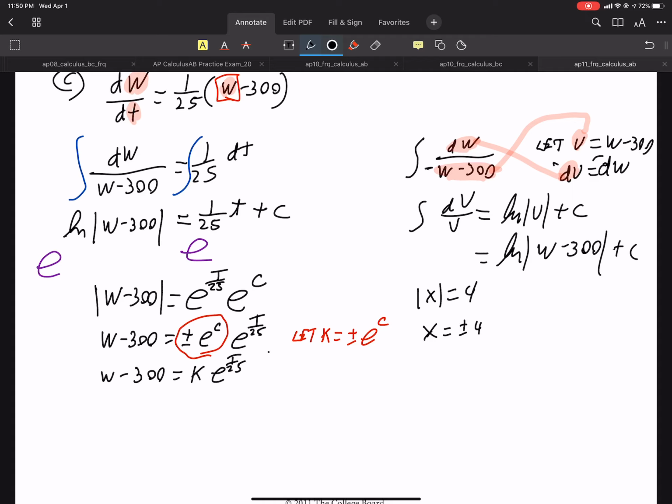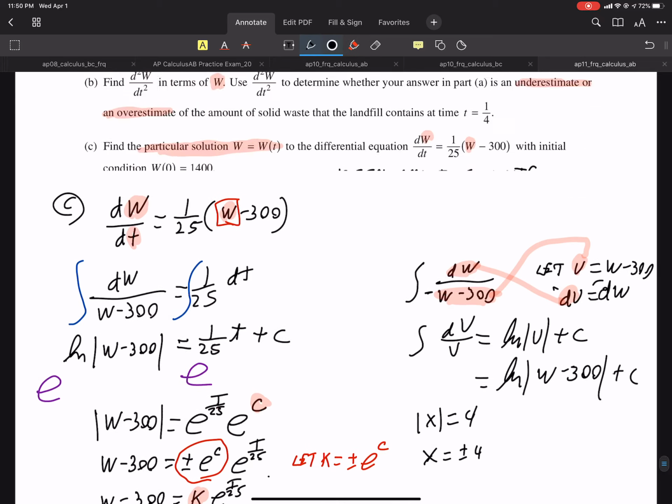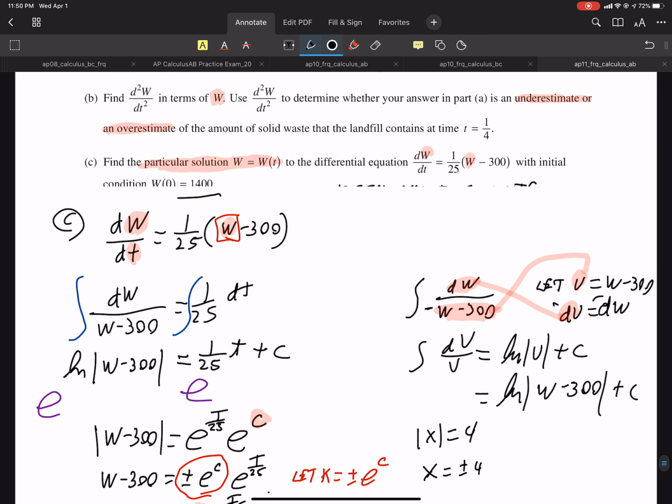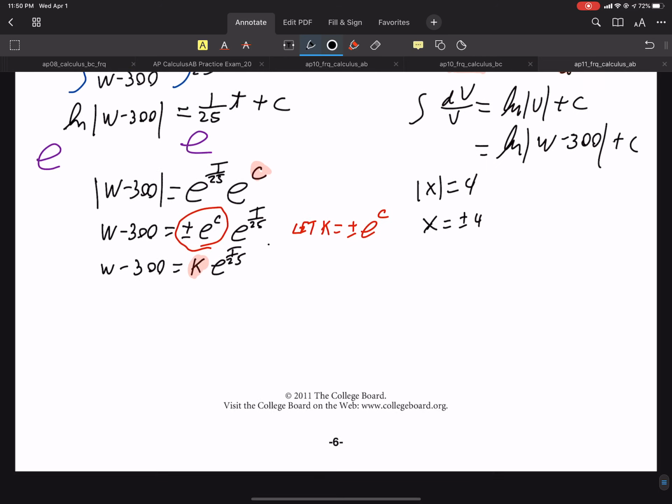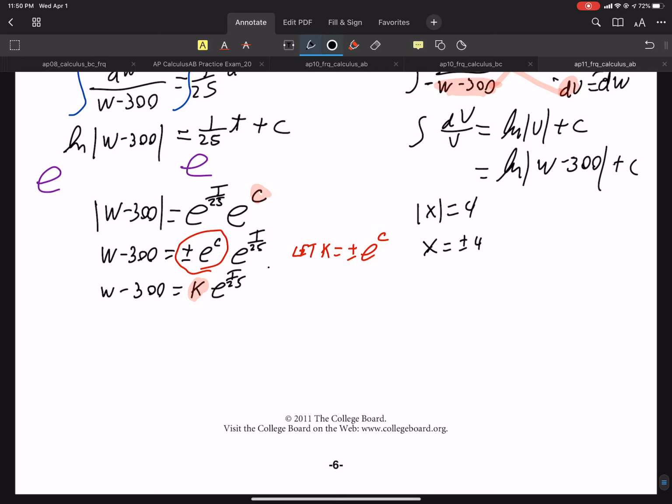Now I have to figure out that constant k. And we could have found c at this point, but it doesn't matter. We're going to find k now, and it's going to be pretty easy, because we are given initial conditions 0 and 1400. So off to the side, I will say when t is 0, w is 1400.